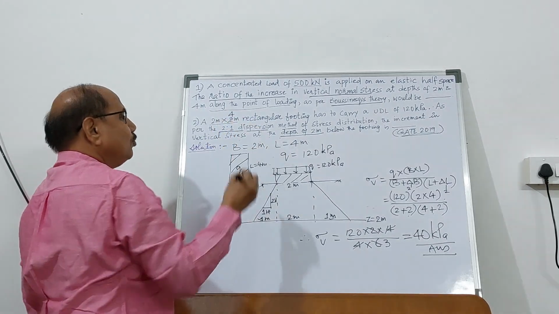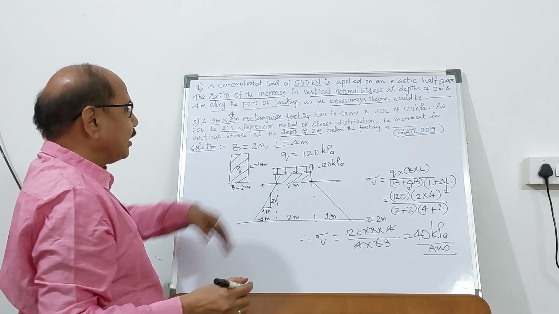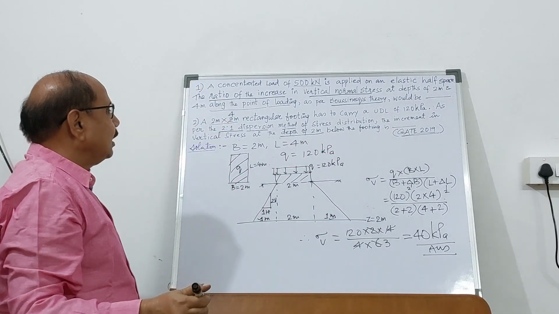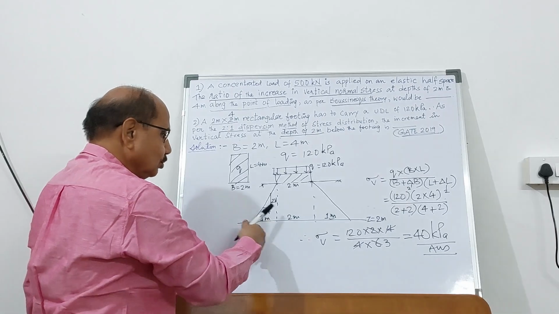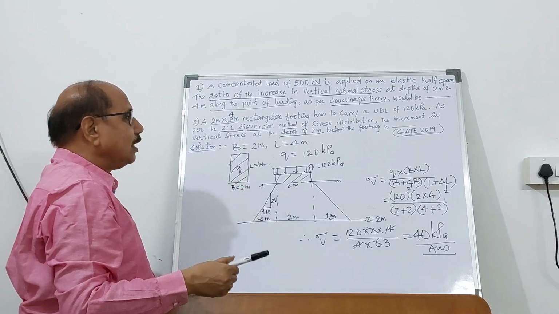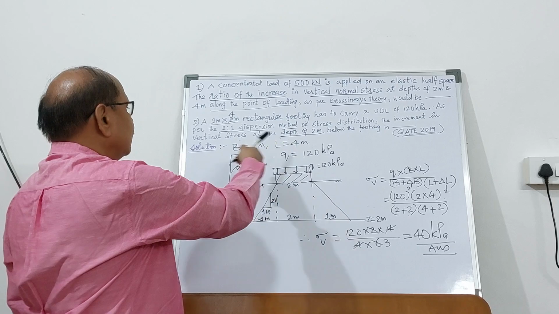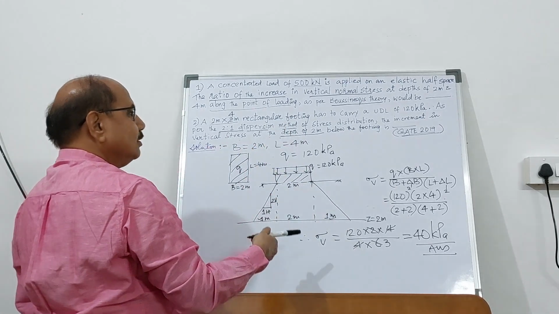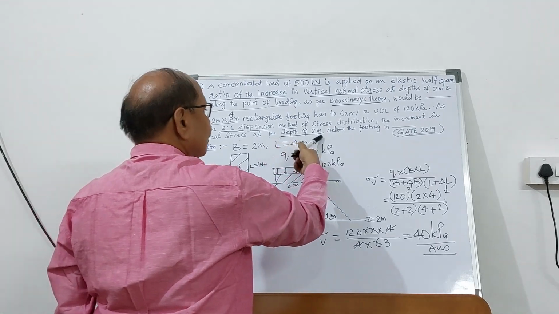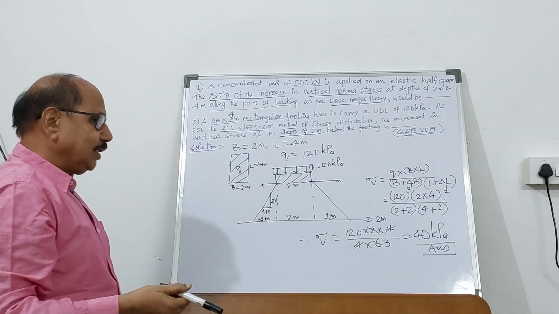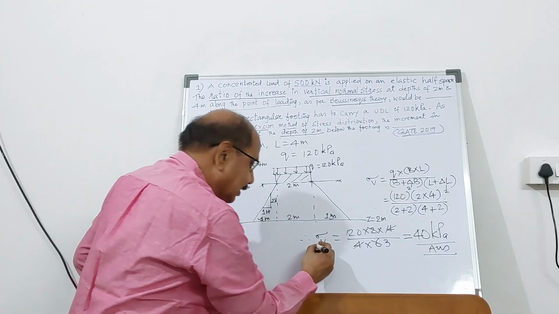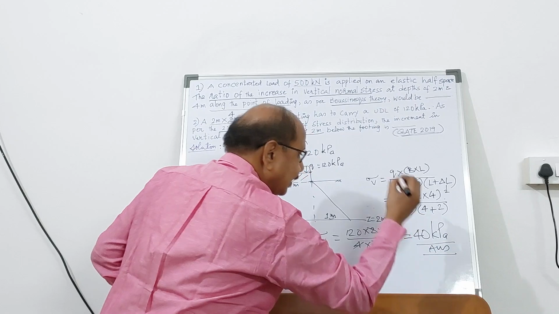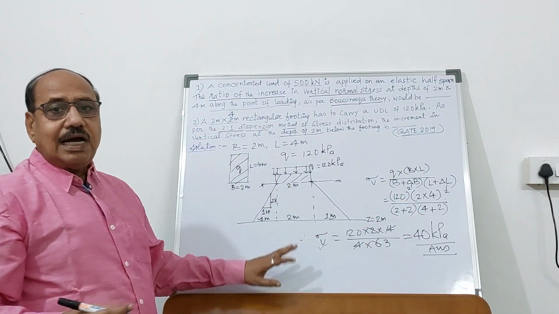It is 2 meter by 4 meter, and the footing is rectangular, has to carry a UDL of 120 kilonewton, and the load dispersion as shown is 2:1, and then at 2 meter from the ground level. So at depth of 2 meter below the footing, we can calculate that the total increase in vertical stress is going to be 40 kilopascal. So this is the answer.